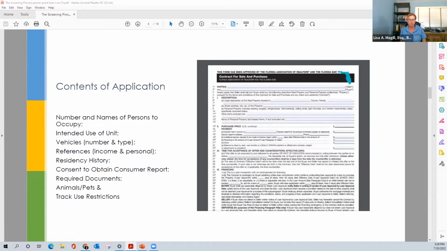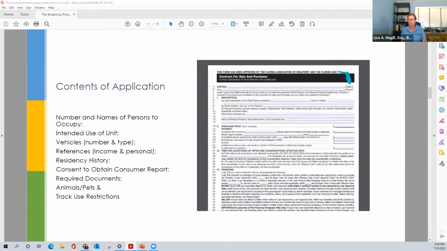What are you going to do with that other vehicle? And this is especially true if you have adult children or children that are of driving age, because even if they don't list the vehicle now, they very possibly may want to acquire a vehicle the year they become 16, 17, 18, or what have you. So that's one way to screen the application.